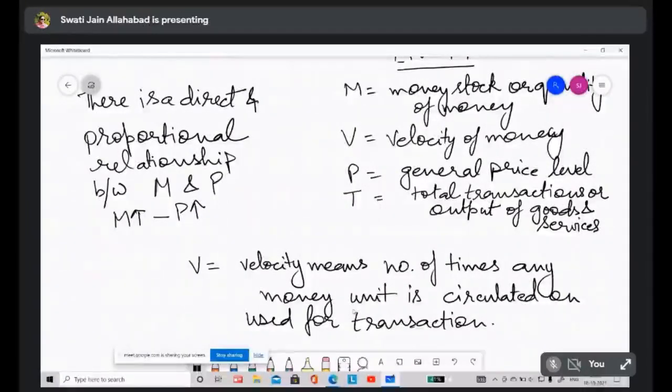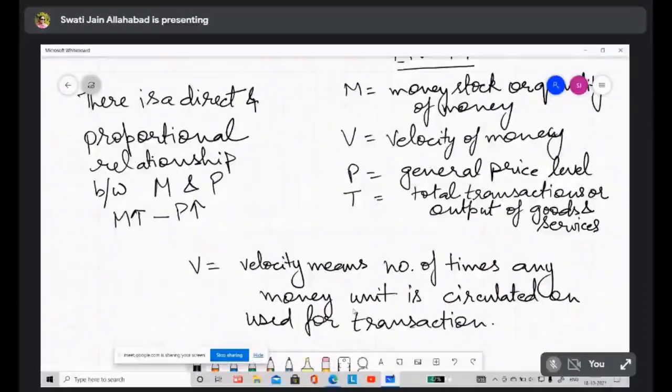How many times the same note, same rupee note, is used for transaction, or in other words, the times a particular money unit changes hands. Like today, the 10 rupee note which I have, when I make the transaction, it goes to someone else.